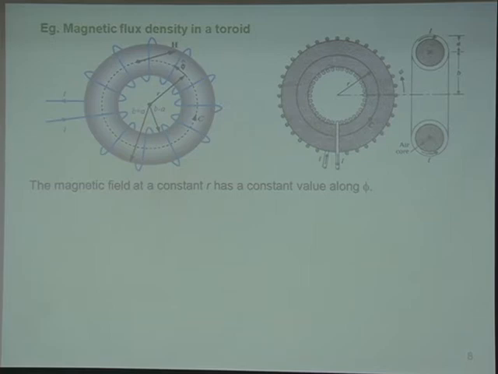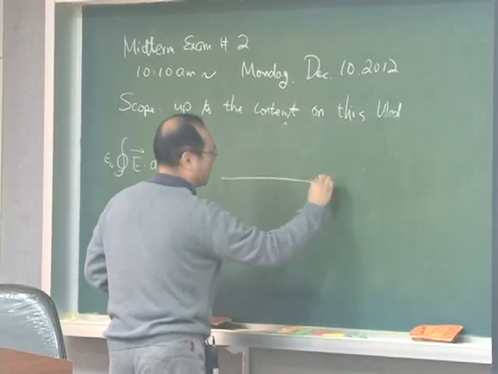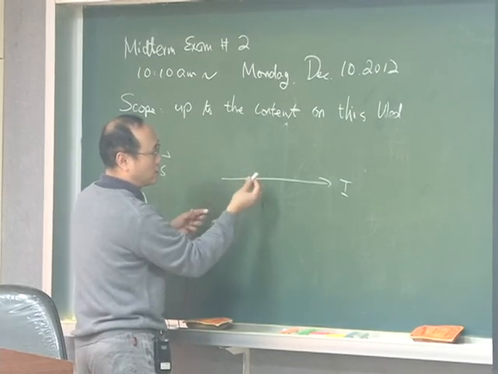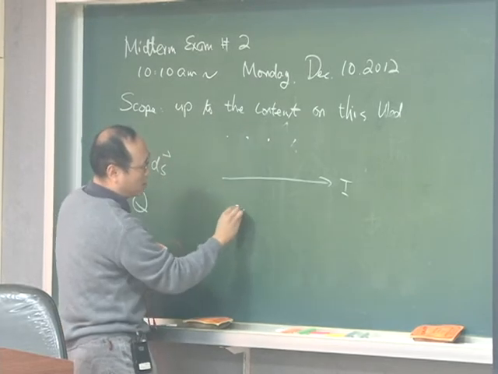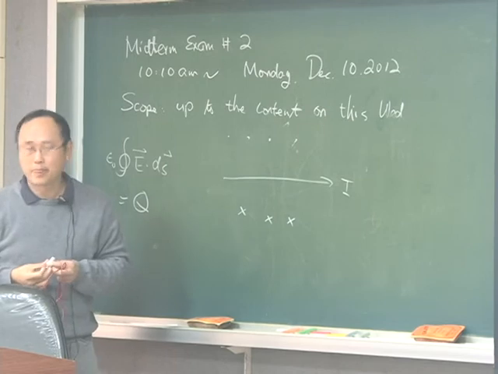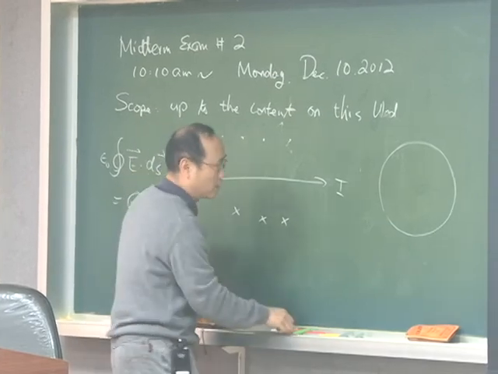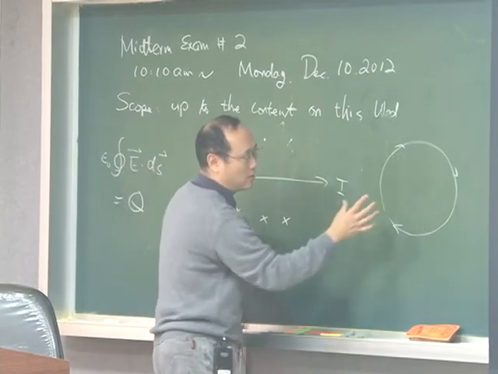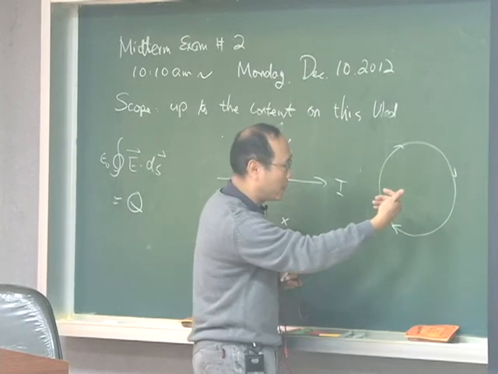Okay, the magnetic field if you go around a loop, okay, if I have a current like this, 那你的这个磁场呢，就是 say going out like this, and then go in like this, okay.